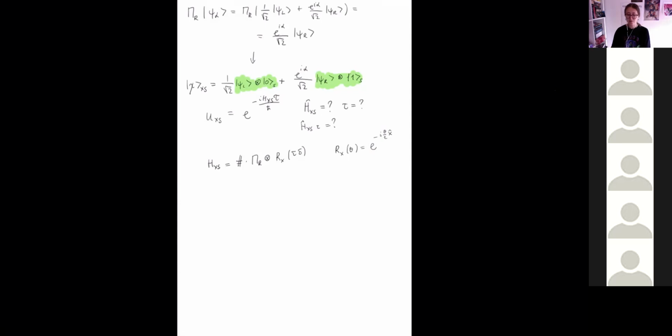And what happens with the second system? Well, what we needed the Hamiltonian to achieve is to fully rotate the state of the qubit from 0 to 1 in the period of time tau.